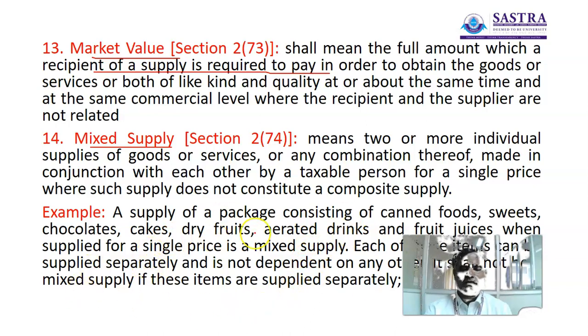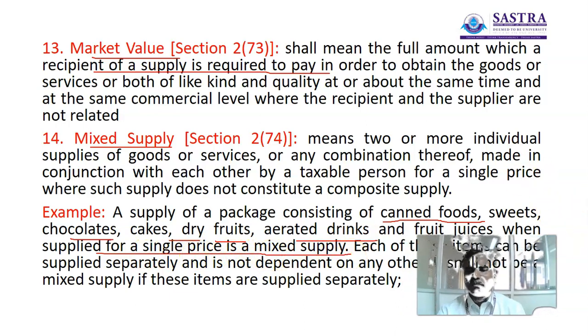You see, a supply of a package consisting of canned foods, sweets, chocolates, cakes, dry fruits, aerated drinks and fruit juices, when you supply for a single price, is a mixed supply.